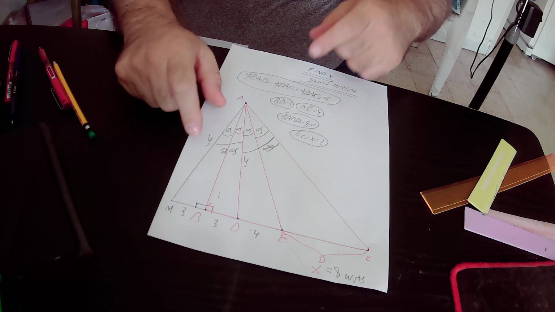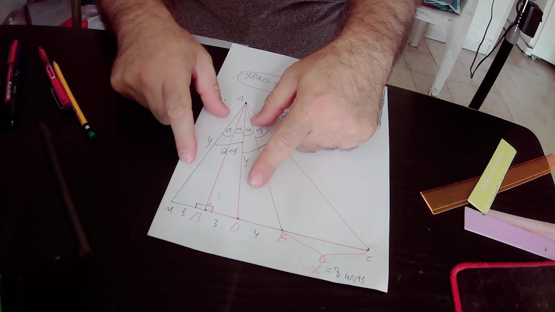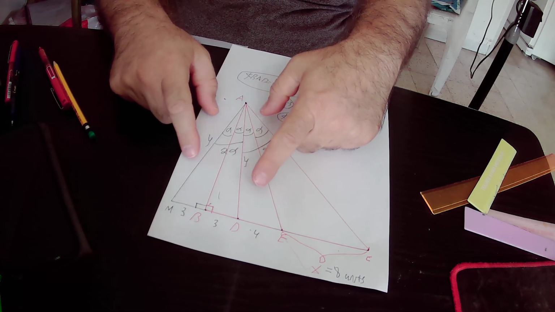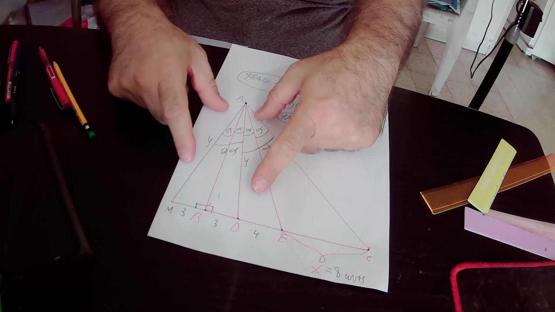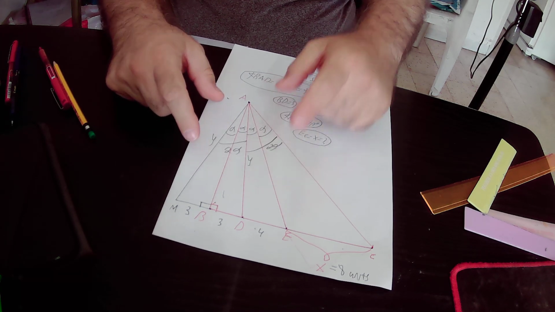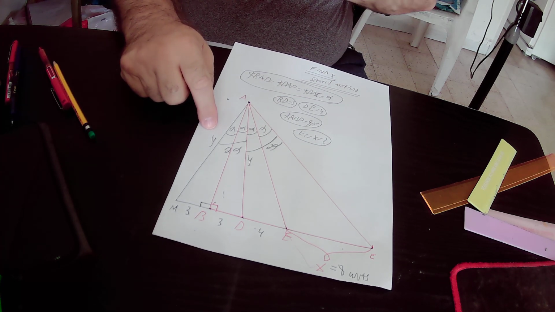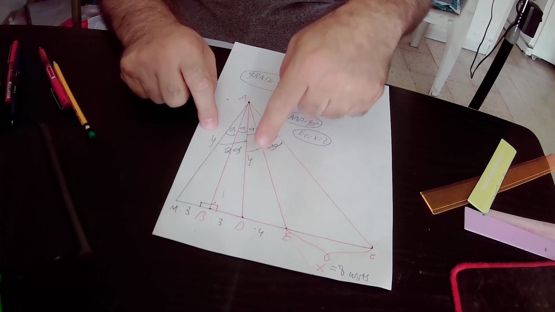And we also proved that AM equals AD according to the rule that corresponding sides in congruent triangles are equal. So we defined side AM as Y, and because AM equals AD, AD will also be equal to Y.